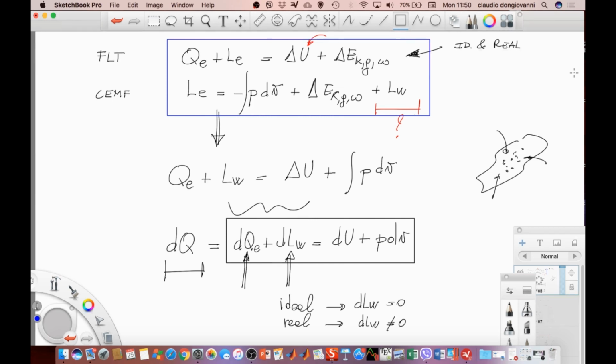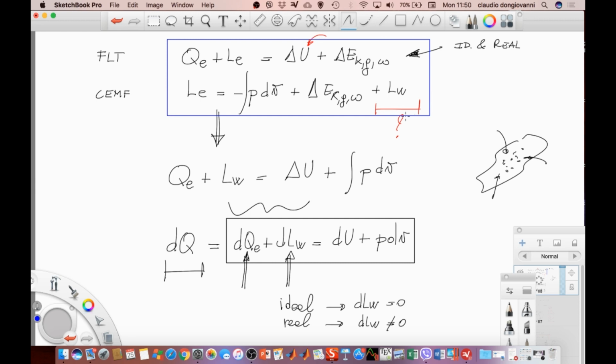No, I said a few minutes ago. Reversible means ideal, LW equal to 0. Real means not ideal, LW different from 0. And I said that we can apply this relationship in both cases. So the answer is no restriction. This relationship can be always applied.